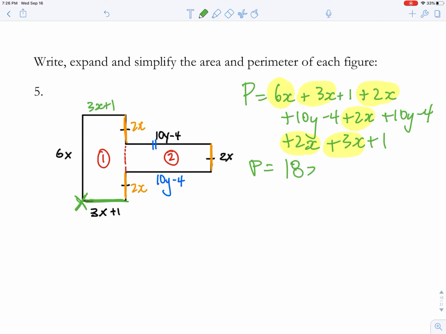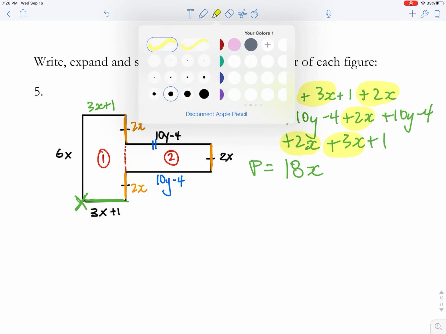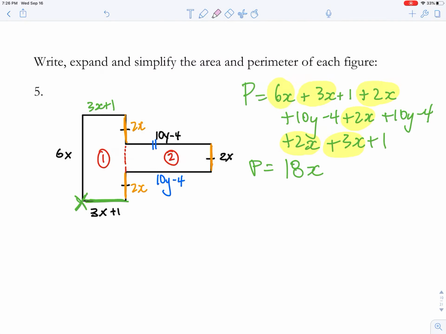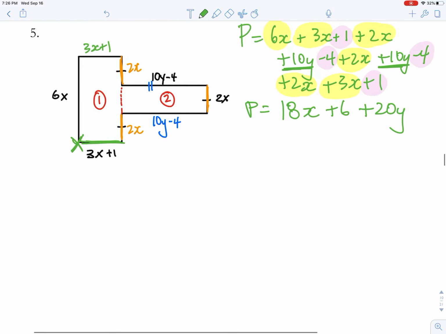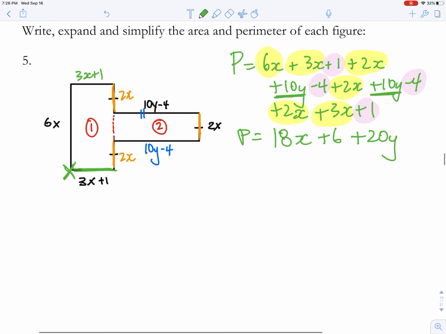So I get 18x's. So I've got plus 1, minus 4, so we're at minus 3, minus another 4, so at minus 7, plus 1, end up at plus 6, and then I've got my 10y and 10y. So the perimeter of that one is going to be 18x plus 6 plus 20y.